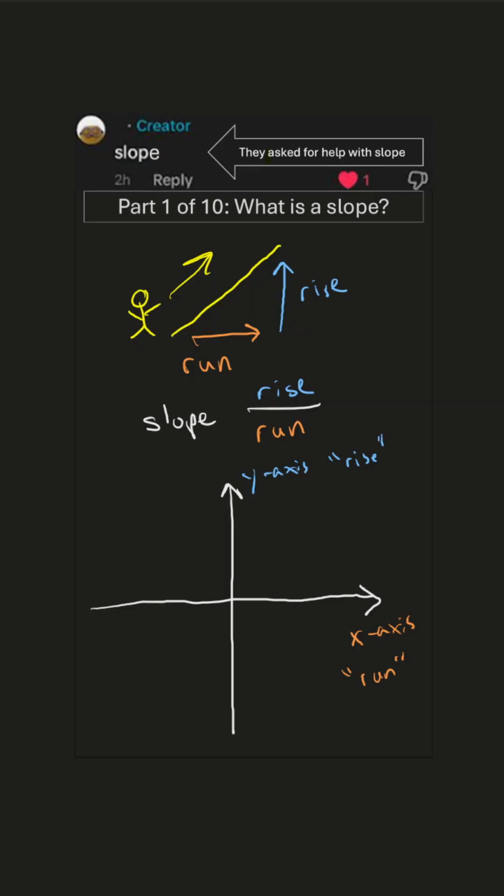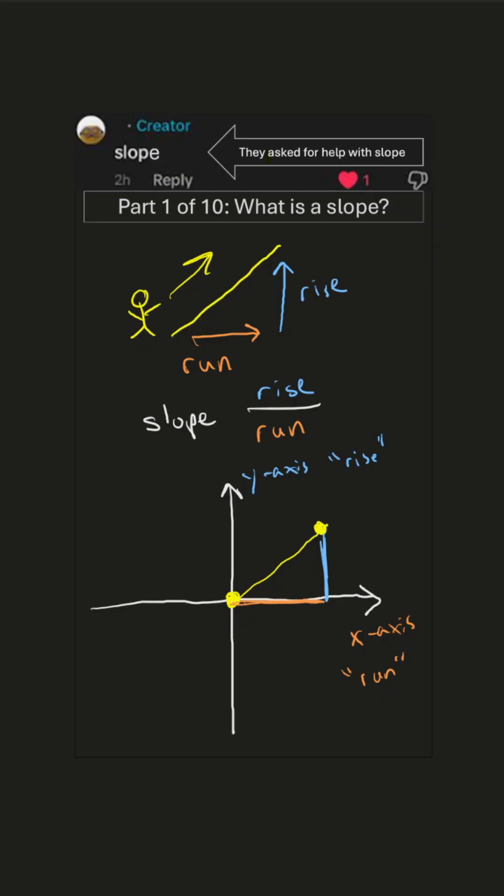So suppose we had two different points on this coordinate system. Here's one, and here's another. Kind of looks like that ramp that we ran up earlier. So if we wanted to find the slope of that line, we would look at the rise, and we look at the run.